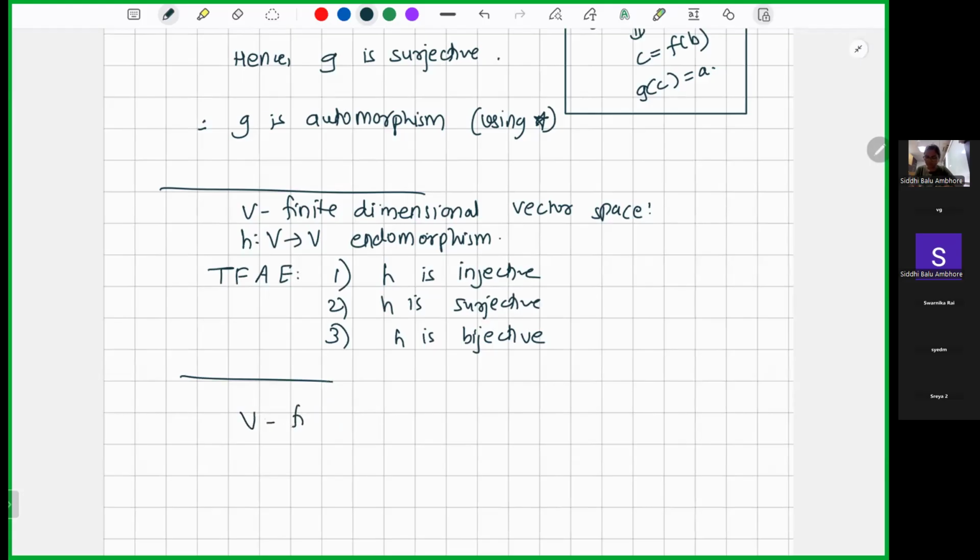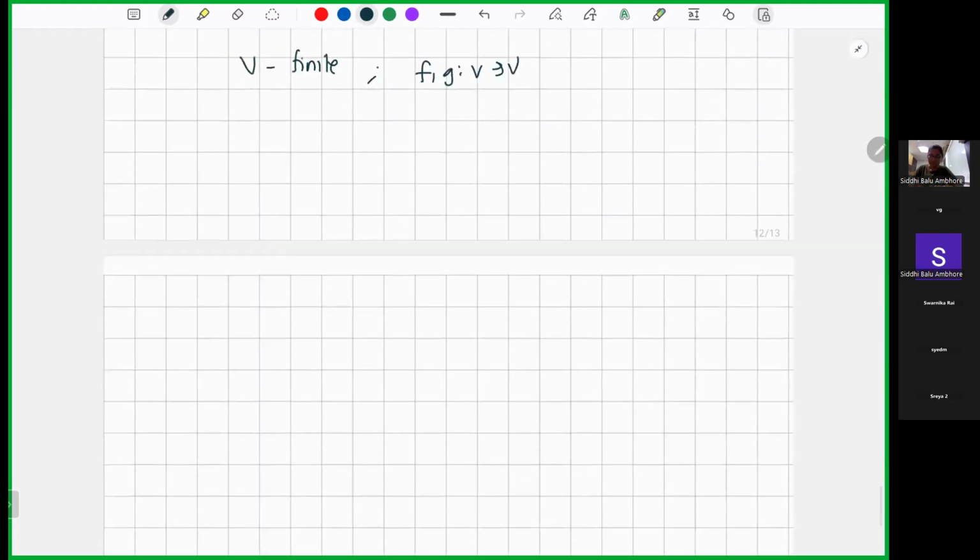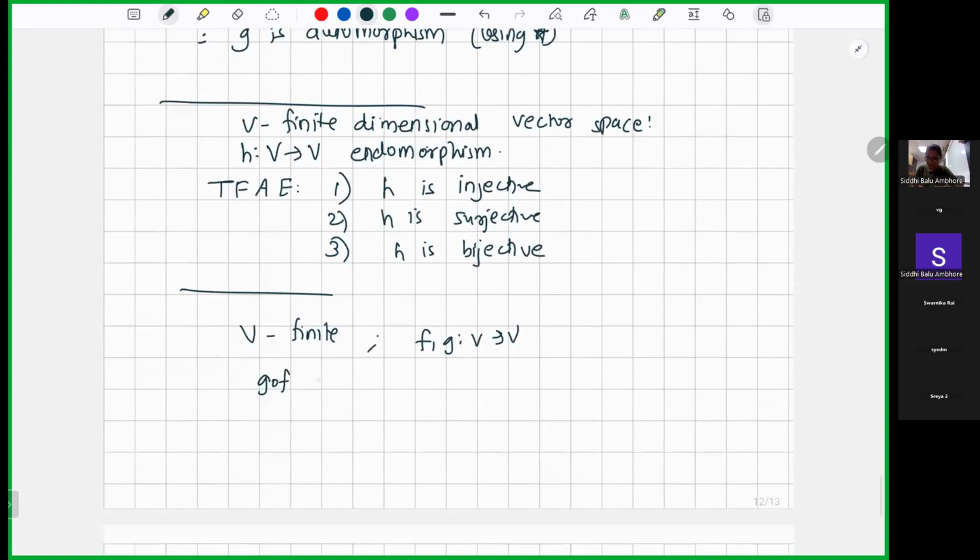V finite, F and G from V to V. What we saw is that G composed F is an automorphism implies G is an automorphism and F is an automorphism. That's what we saw.